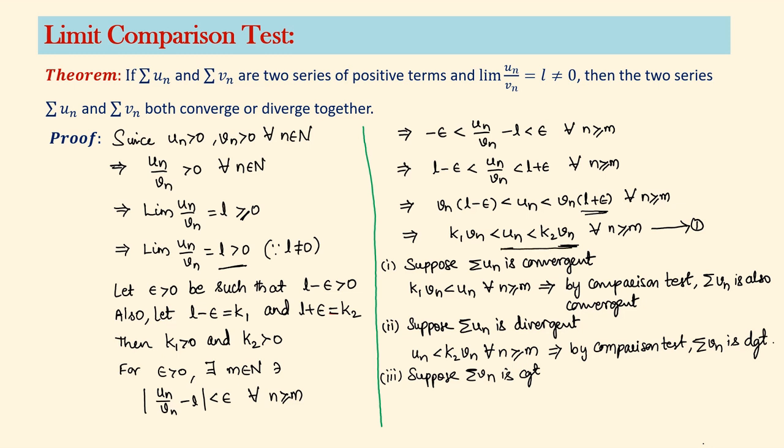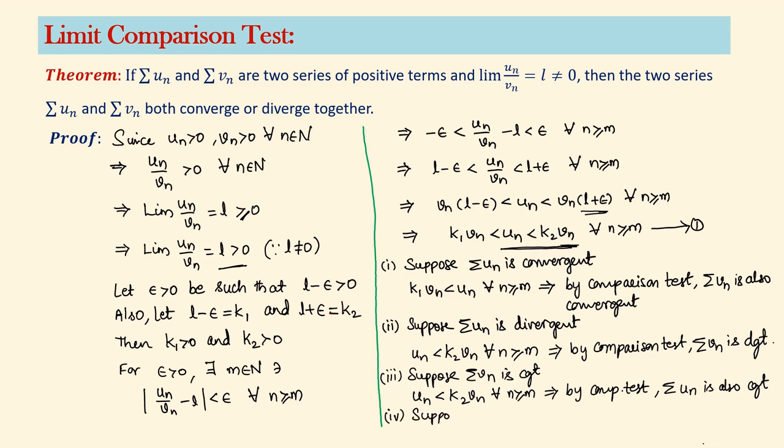So we'll consider these two: Un less than K2 times Vn for all n greater than or equal to m. That implies by the comparison test that summation Un is also convergent.